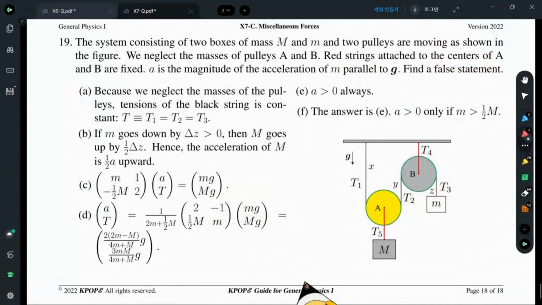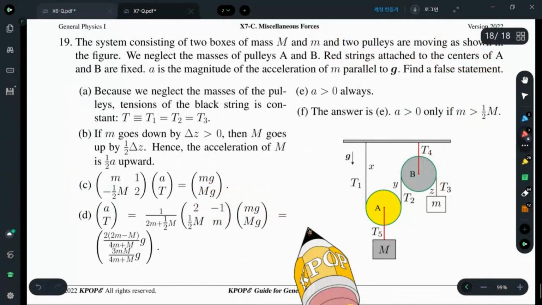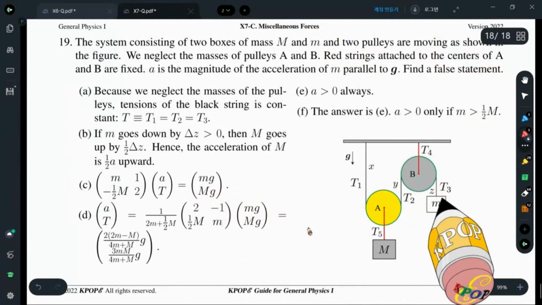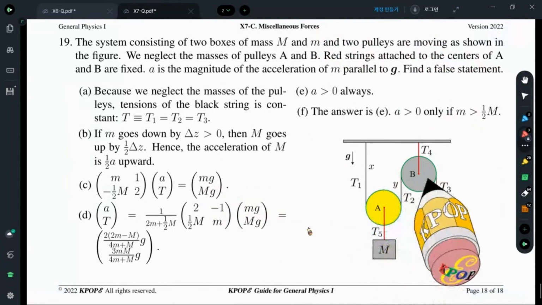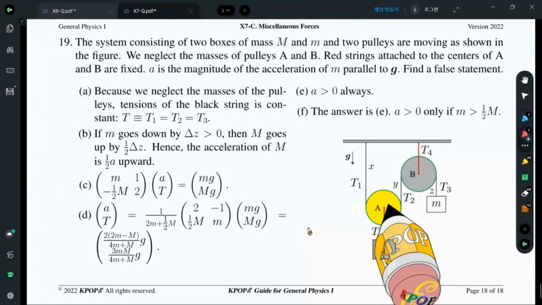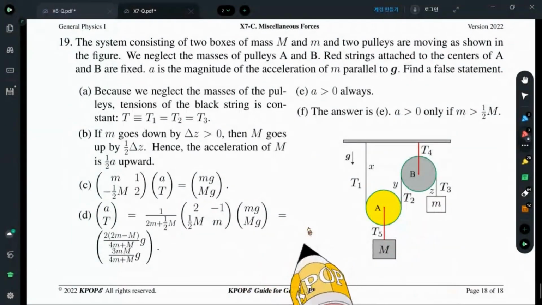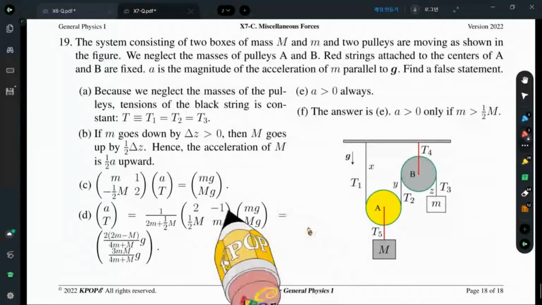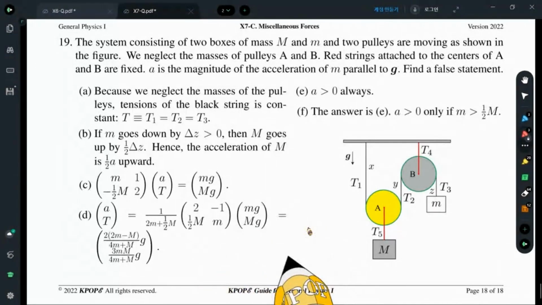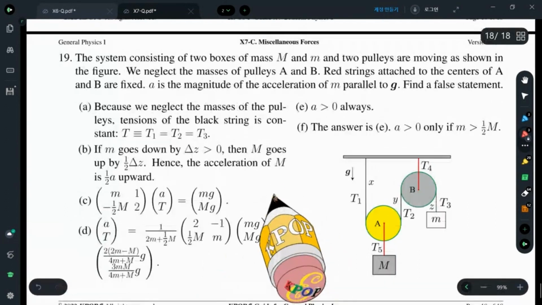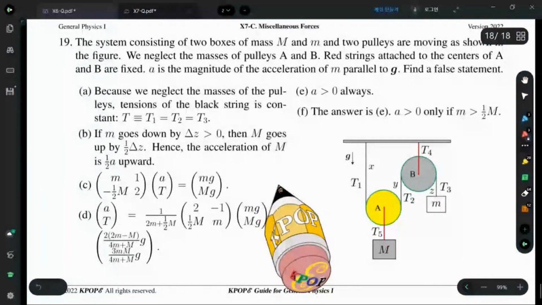People use the crane, the repeated use of this moving pulley, so you can sustain a very, very heavy object. Okay, that's it for today.